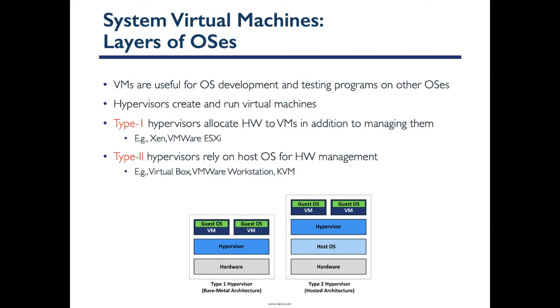So with something like VirtualBox, you can install Linux on your Windows, or Windows on your Linux. That operating system thinks it has all the resources for itself, and it can launch any number of processes.